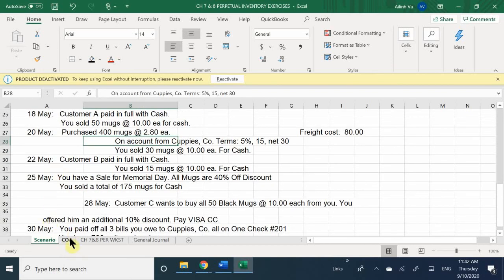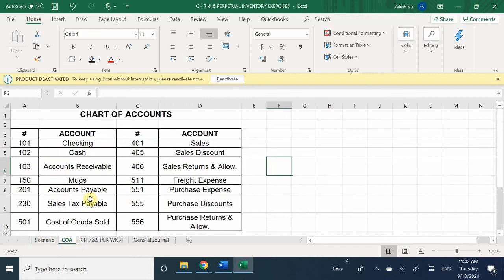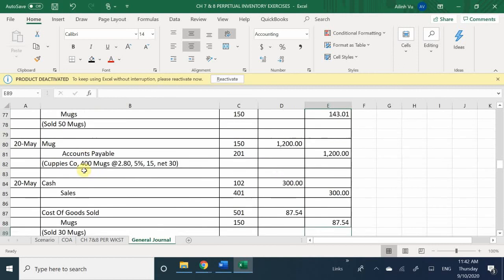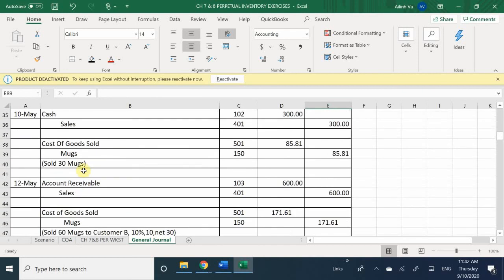So let's go ahead and look at our chart of accounts. Okay, so in this case, we can actually apply a sales discount. All right, so that's 405. All right, so let's go ahead and look at what we have here. So you said they did the purchase on 5/12, you said? Yes.